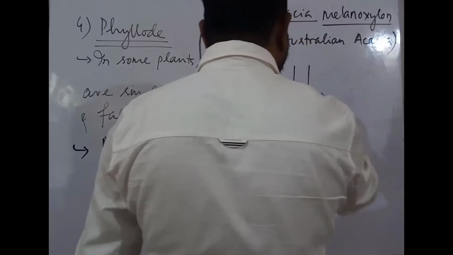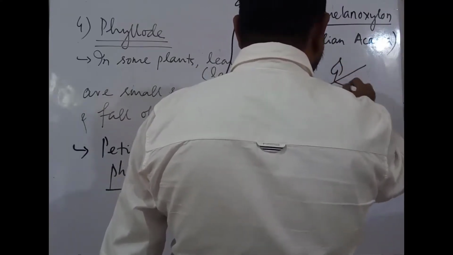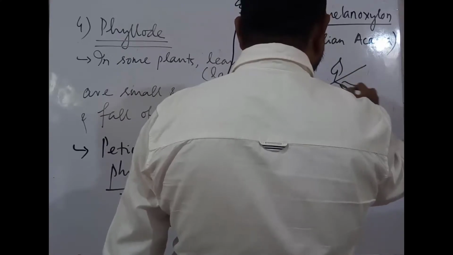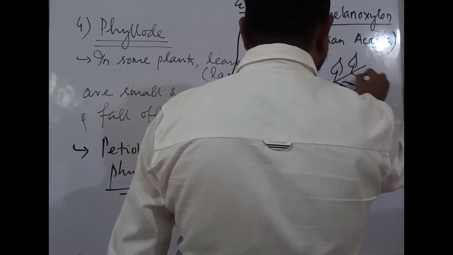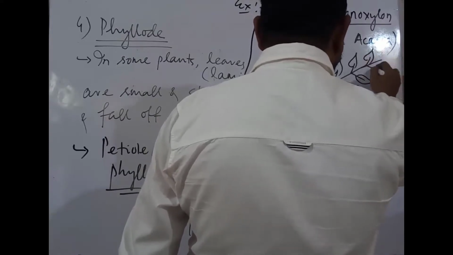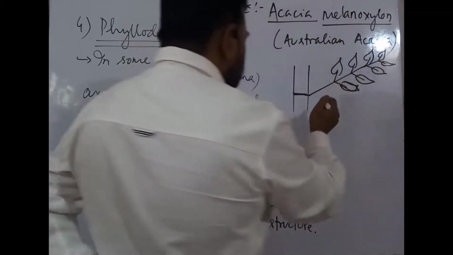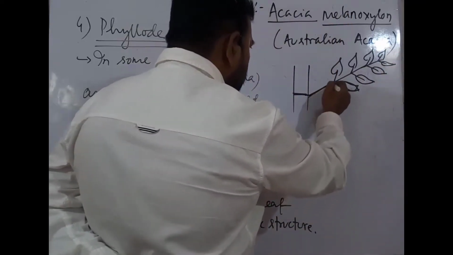Suppose this is the leaf, this is the stem, and it has compound leaves. So many leaves on a branch. These are lamina, short, small lamina. Here, this is the petiole.